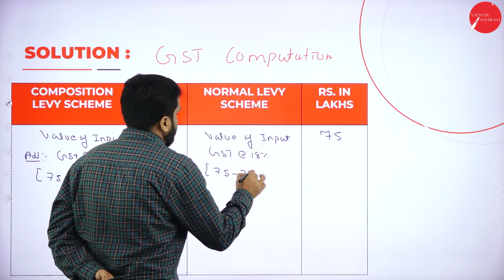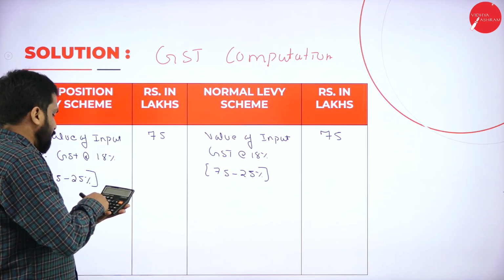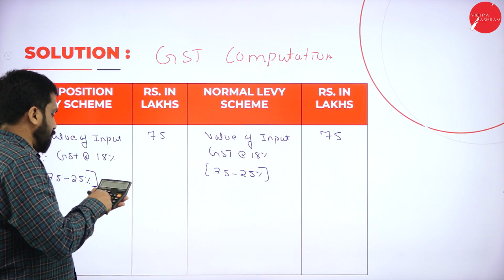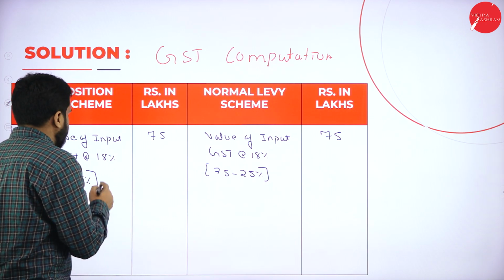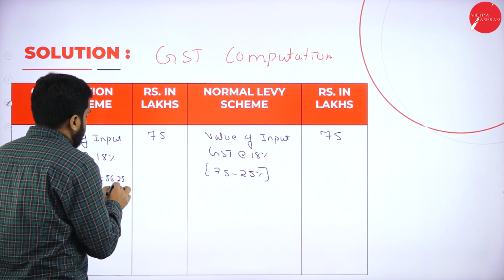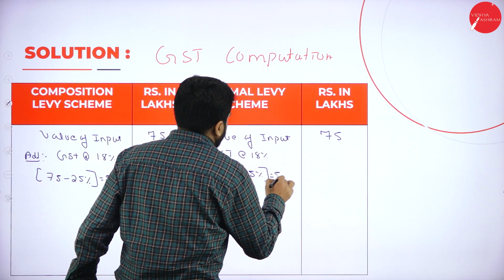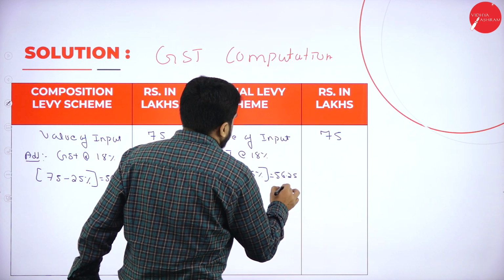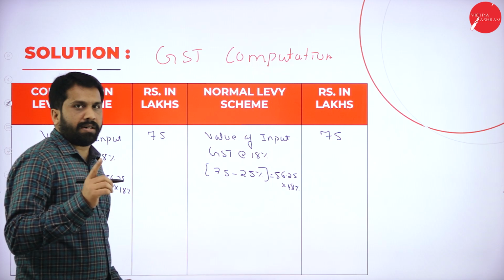We'll calculate 75 minus 25%. I got 56.25. 56.25 into 18%. Hope you are clear.